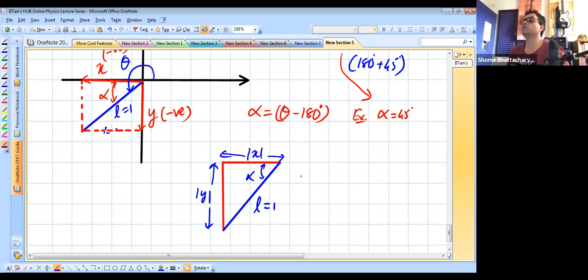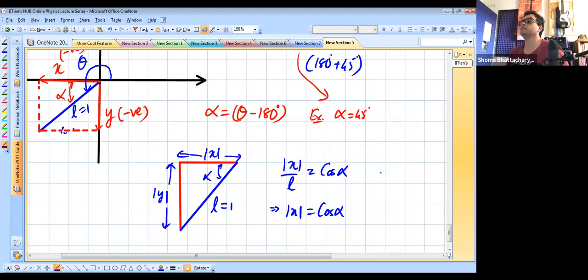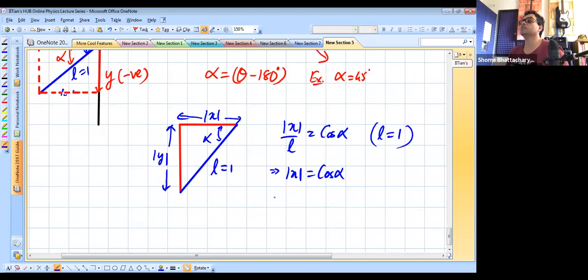So just apply the normal trigonometry over here to the triangle. So mod x upon the length is nothing but cos of alpha, because it is based upon hypotenuse. Okay. And of course, L is unity. So that means mod x is cos alpha, okay, because L is unity. Similarly, in the same triangle, you can see mod y by L is nothing but perpendicular upon a hypotenuse.